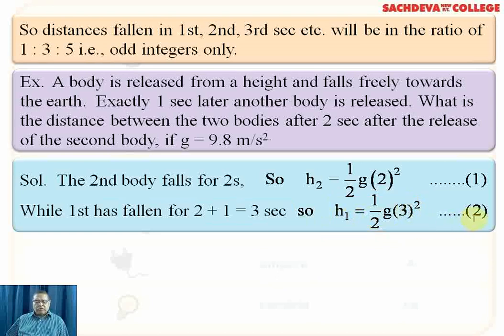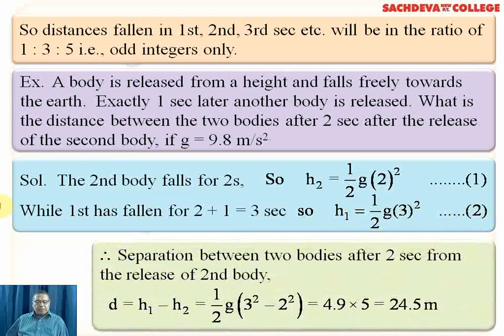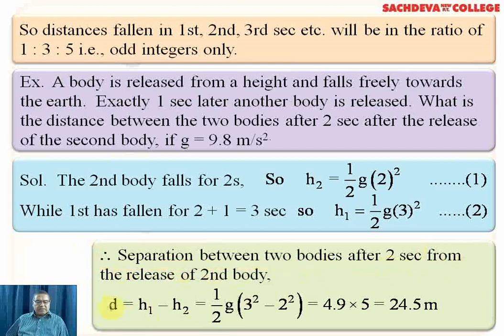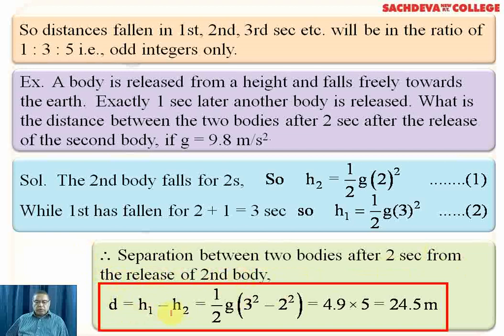Now we have two equations. The separation between the two bodies after 2 seconds is given by d, and d = h1 − h2. Computing the values from equations 1 and 2, we come to the conclusion that the distance is 24.5 meters. So h1 − h2 will be 24.5 meters.